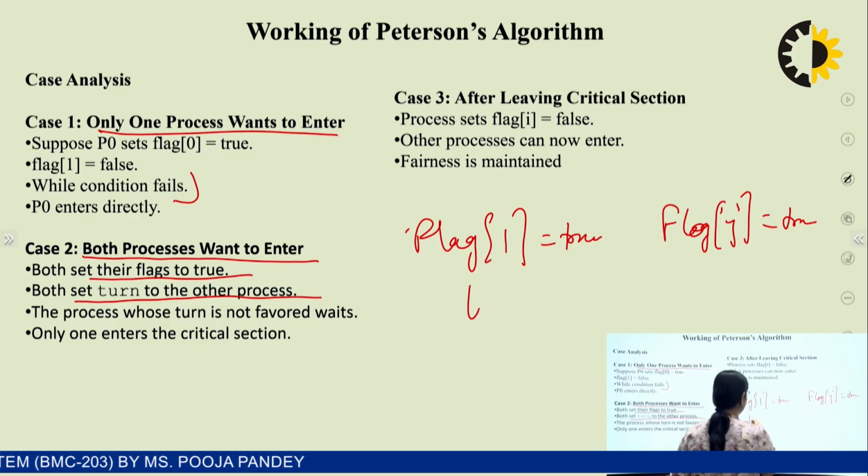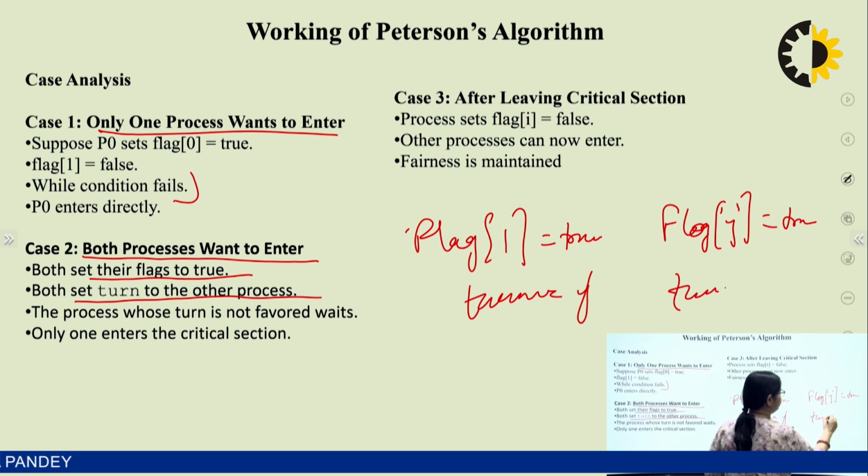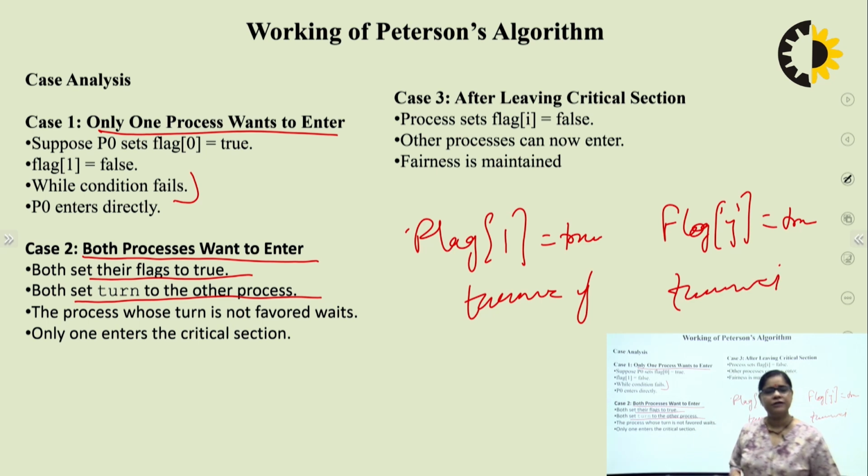So turn is equal to J and turn is equal to I. The process whose turn is not favored waits, and only the other one will enter the critical section. It means the progress condition has been satisfied.